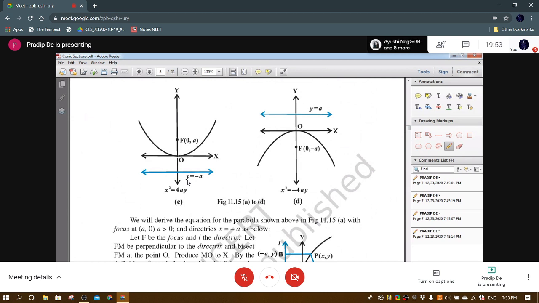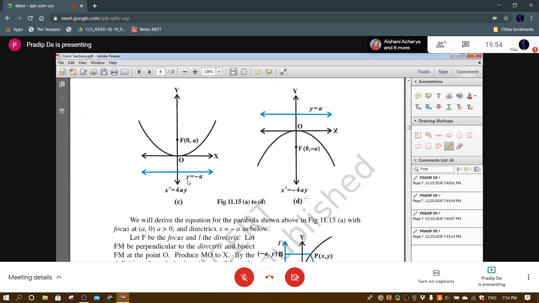Look, the vertex is always at the origin. And when you reflect this in the x-axis, in which case the point x comma y will be at the point x comma minus y. That is, by replacing y with minus y in the equation, we get the equation of this parabola, fourth parabola, x square equal to minus 4ay.